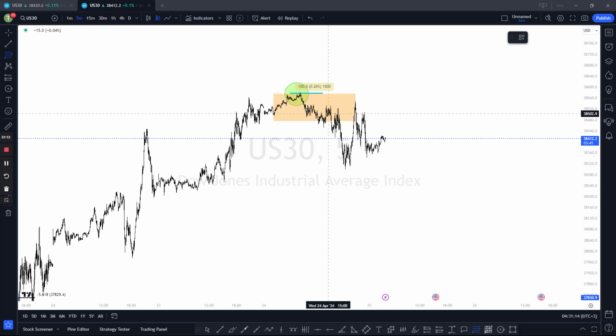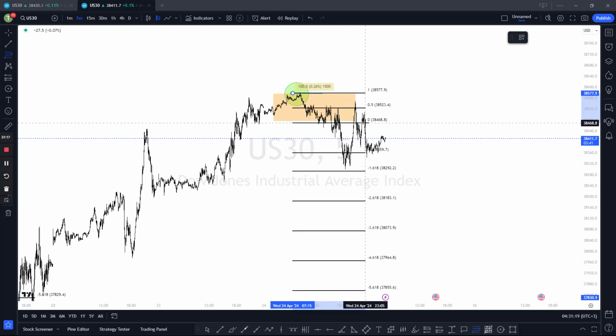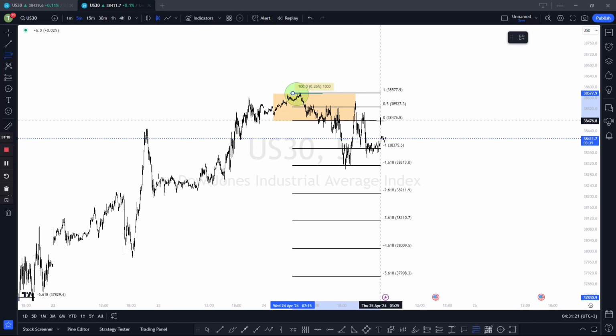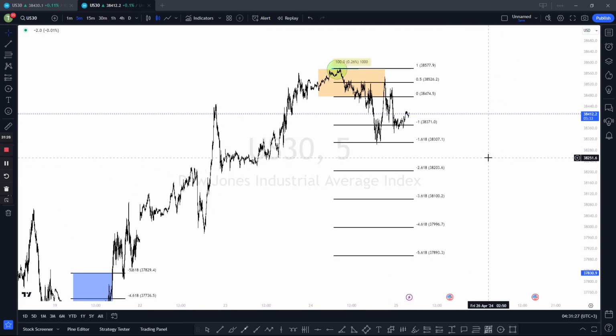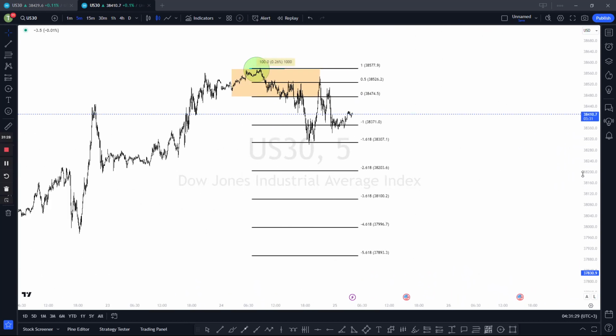So here, major high, 100 points down. Here we have key levels. Now, does this look accurate and look familiar?